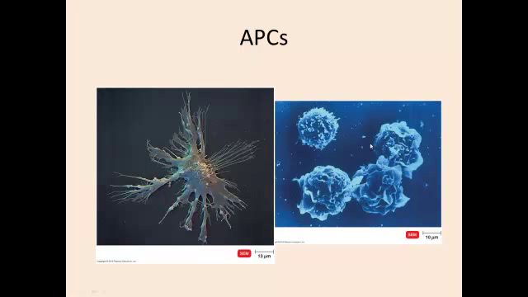So your dendritic cells, your macrophages, they swallow down, they phagocytize pathogens, chew them up, and then they present antigens on the surface of their cells. They present those antigens to B cells and T cells, and that's how the innate immune system talks to the adaptive immune system.